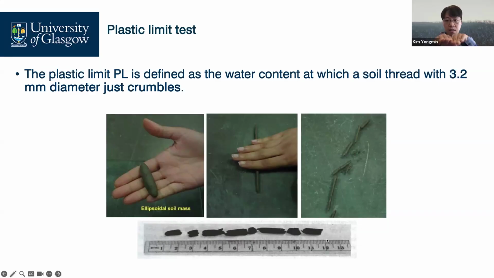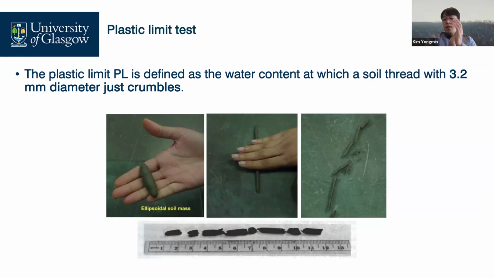You roll it, roll it, roll it, make it exactly 3 mm in diameter. If it still looks continuous, it means there is so much water in the soil.